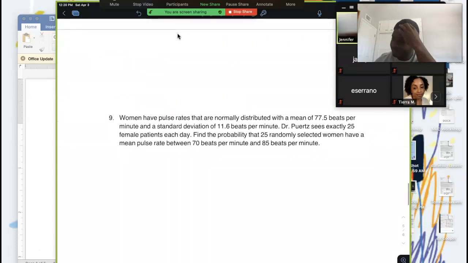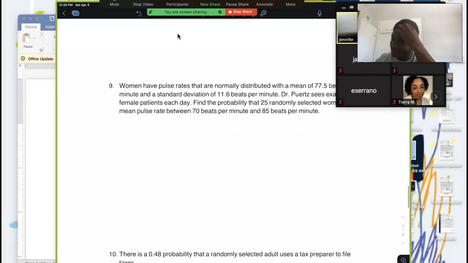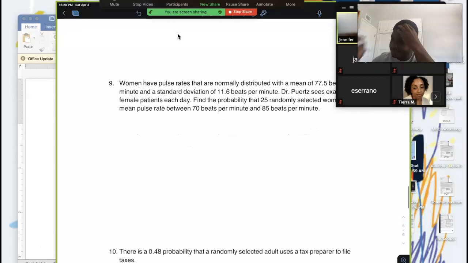Okay, so let's look at number 9. So number 9, what do you guys think we should do? First read it and then figure out, okay, is it going to be binomial or would it be a standard normal distribution? Okay, so standard normal.